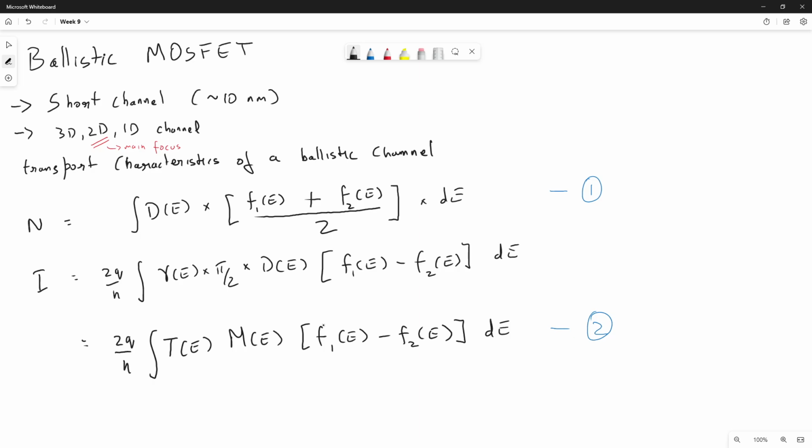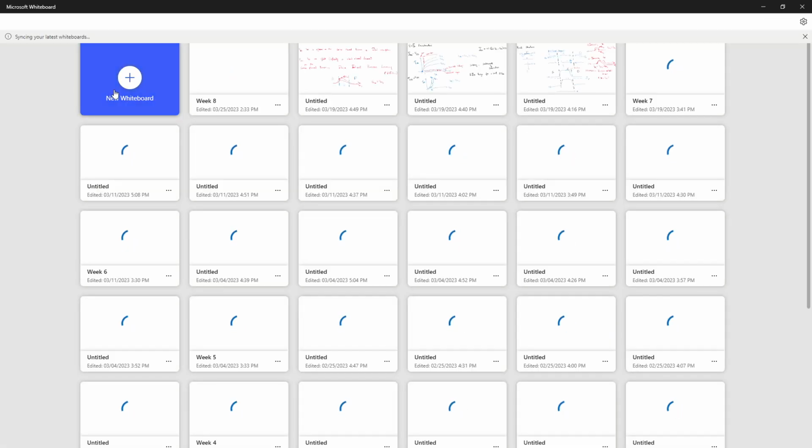We'll essentially want to know how the mode will vary with, say, the energy level, or what kind of terms will appear in these integrals. As I've told you before, 2D channels will be our main focus. So remember equations 1 and 2. I shall be calling back to them.